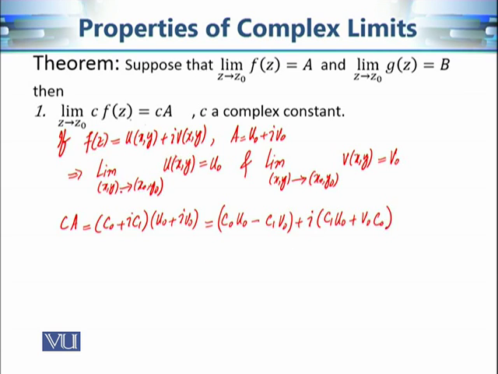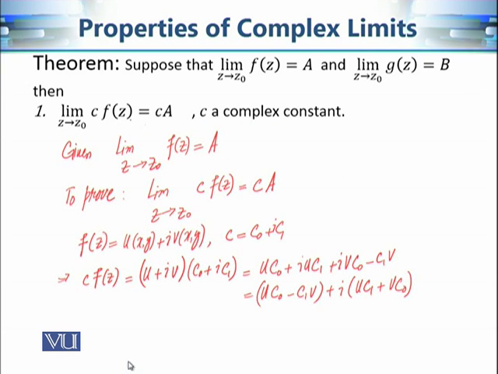Now if we want to calculate this limit, then it is equivalent to calculating the limits of the real and imaginary parts, and we have calculated the real and imaginary parts of this function c f of z. So the real part is u c naught minus c1 v, and the imaginary part is u c1 plus v c naught. Now let's calculate the limit of this real part, u c naught minus c1 v.